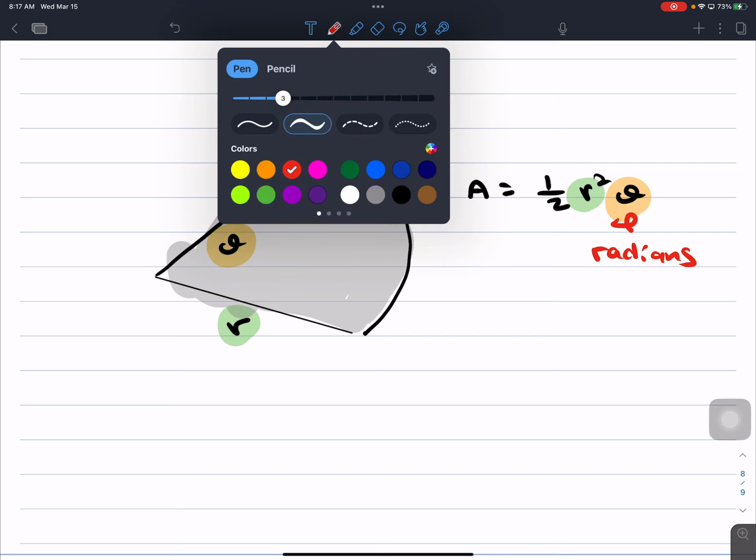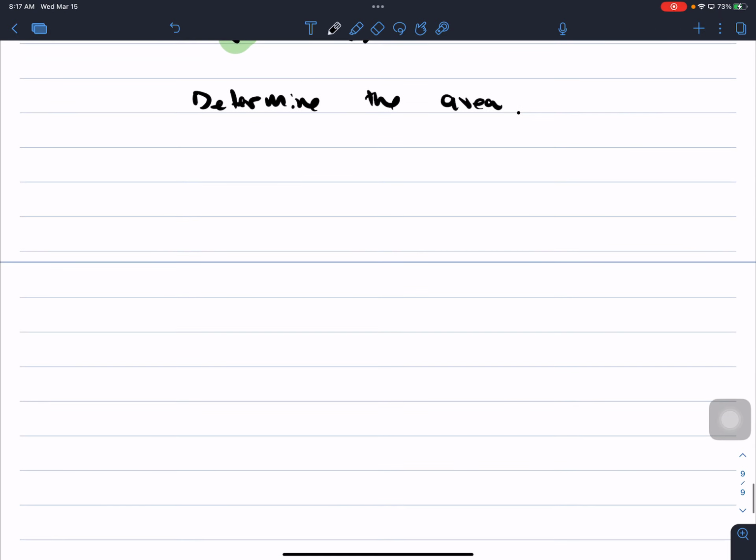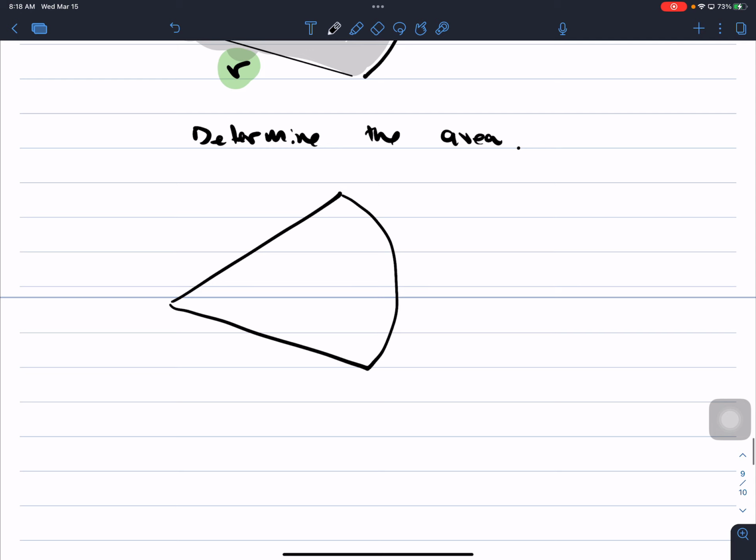So for a simple example, if they say determine the area, they're going to give you a sector now, again. And that's going to be 12 feet, and maybe they give you 10 degrees here.